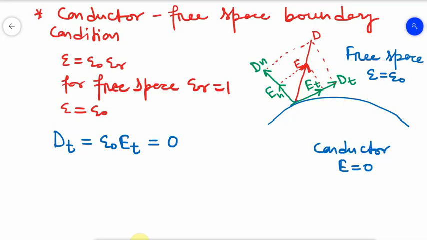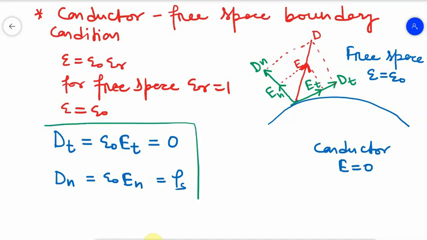And Dn equals epsilon 0 En, and this is equal to rho s. So these are the two boundary conditions for this conductor free space boundary.